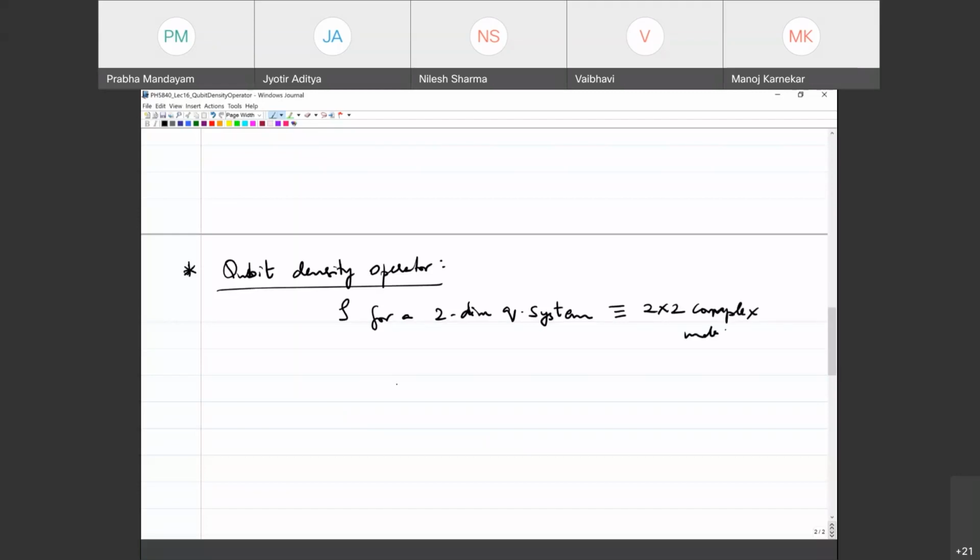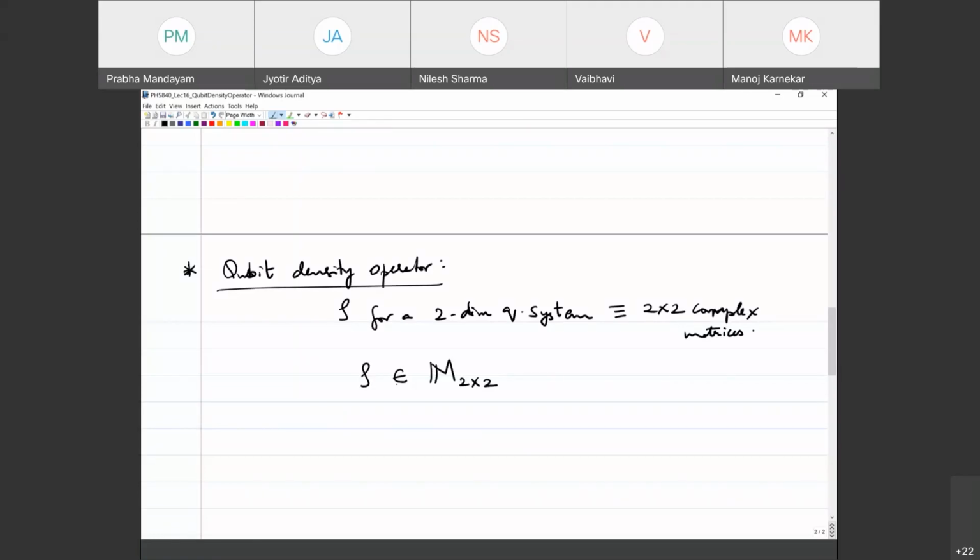The formal way would be to say that this belongs to this, which I wrote down very early in the course when I was describing linear vector spaces. What is this M 2 cross 2?